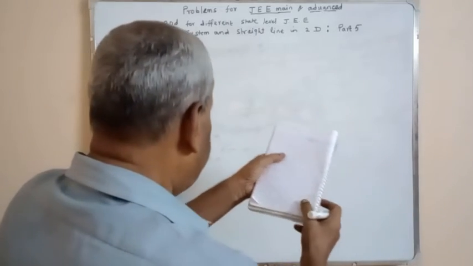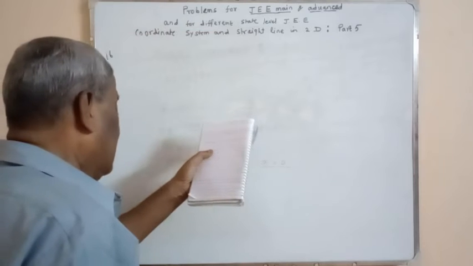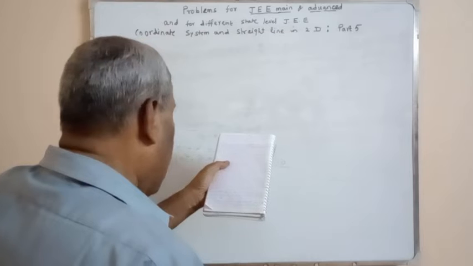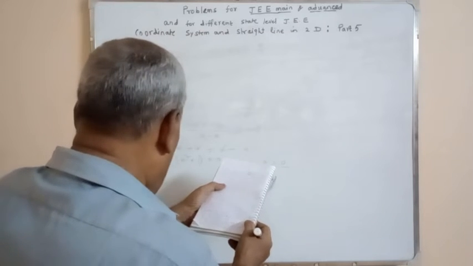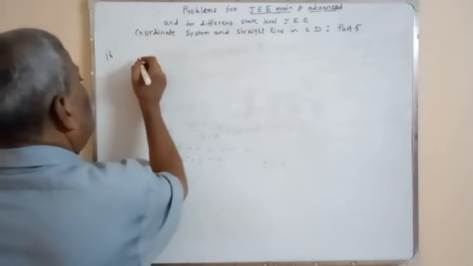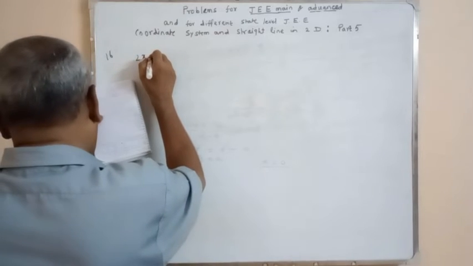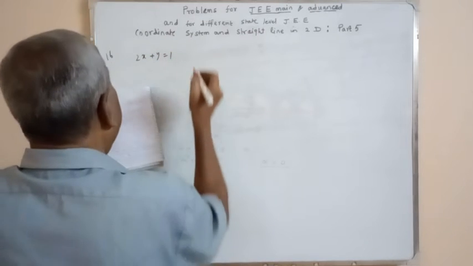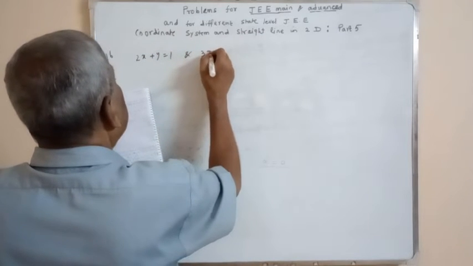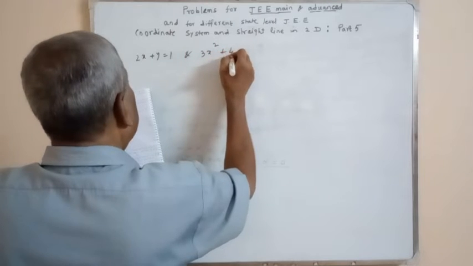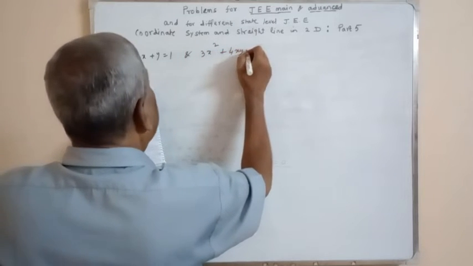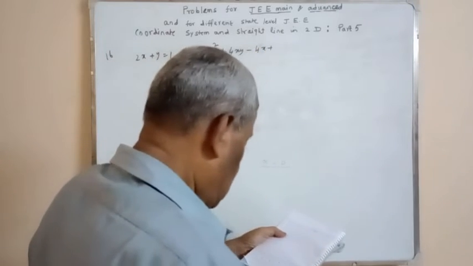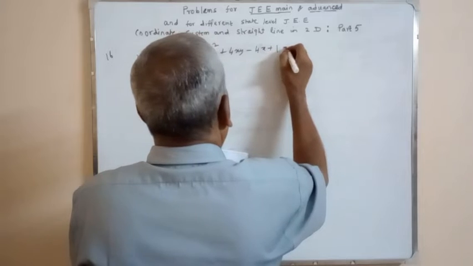This problem is: the angle between the lines joining the origin and the point of intersection of 2x plus y is equal to 1 and 3x square plus 4xy minus 4x plus 1 is equal to 0.